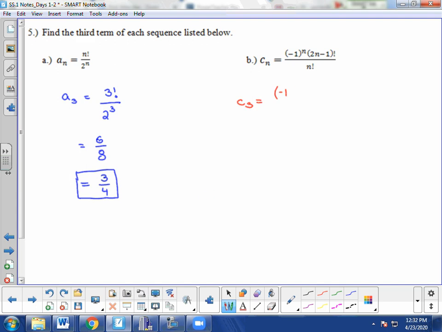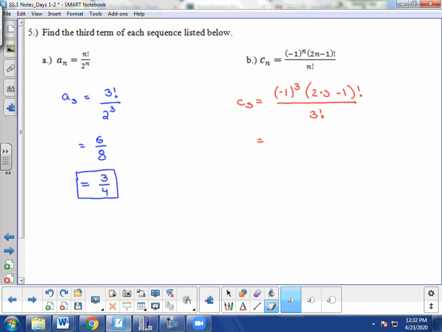So this would be negative 1 to the third power times (2 times 3 minus 1) factorial, all over 3 factorial. So now let's simplify this. Negative 1 to the third power is just negative 1, so I'm just going to leave a negative in front of the parentheses. 2 times 3 minus 1 would be 6 minus 1, which is 5.